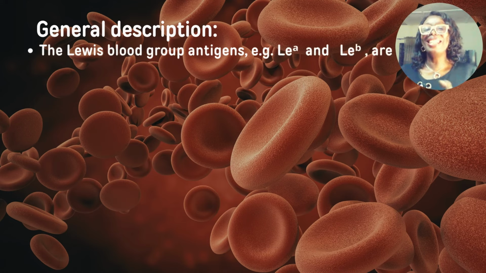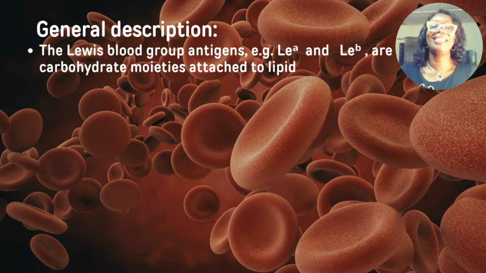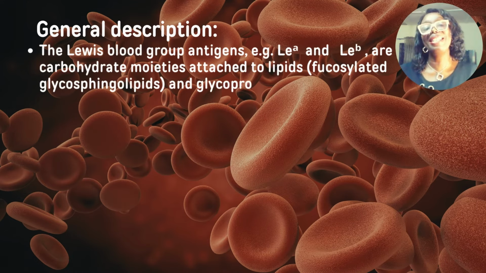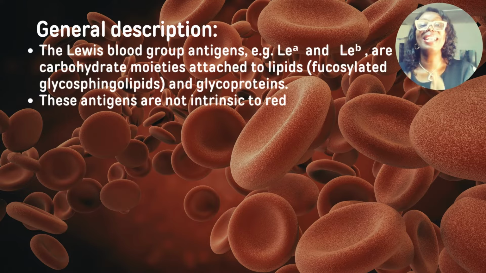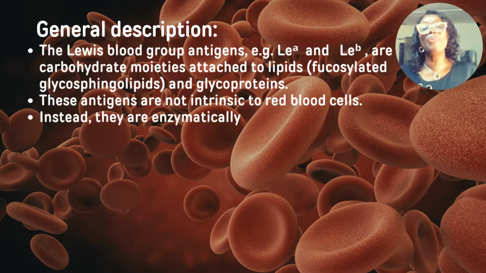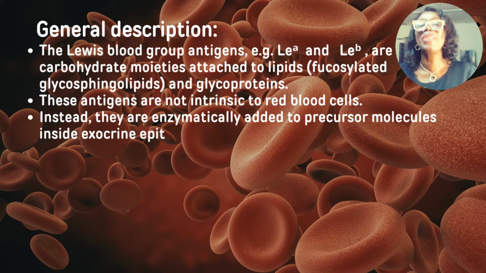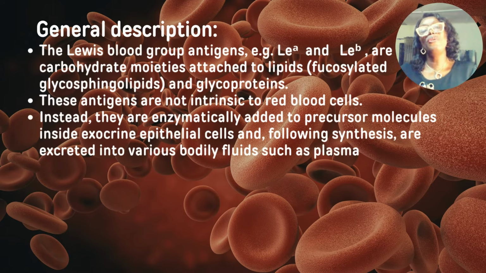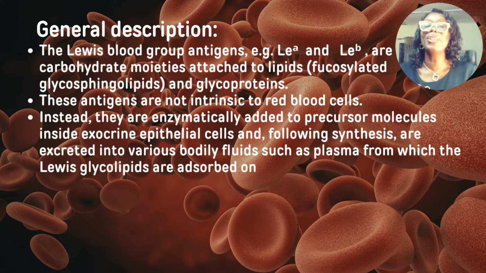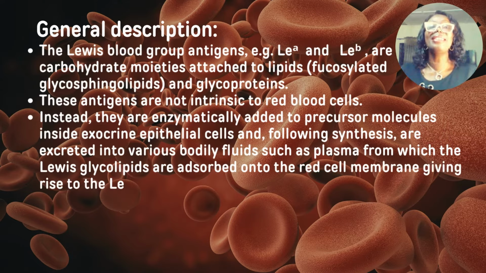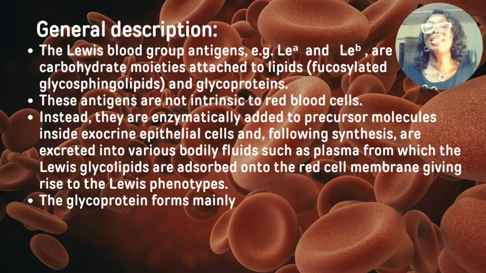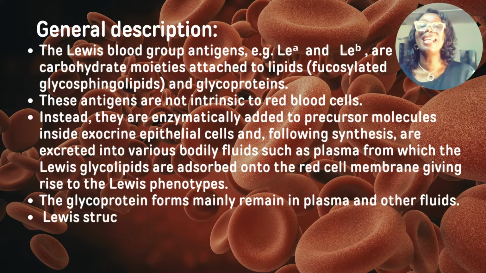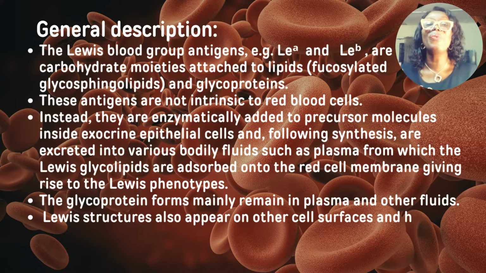Let us look at the general description of Lewis antigens. The Lewis blood group antigens, at least the main antigens, that is Lewis A and Lewis B, are generally part of the carbohydrate moieties that are attached to lipids, that is fucosylated glycosphingolipids, and to glycoproteins. These antigens are not intrinsic to red blood cells.